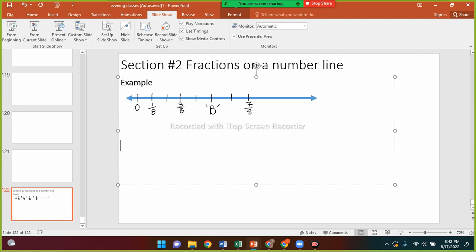I want you to write the fraction that B represents. Write the fraction that B represents.